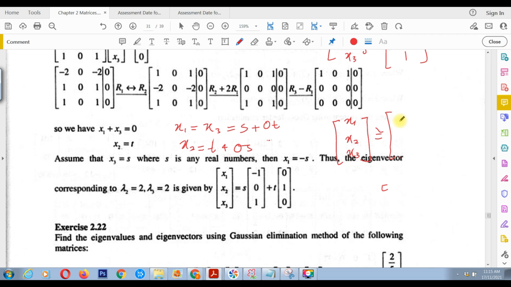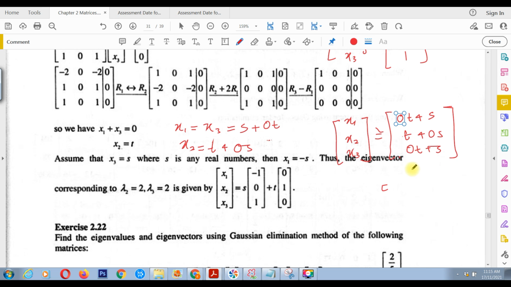Okay, a little more. So here will be 0t plus 1s. This will be t plus 0s. And then here will be 0t plus s.